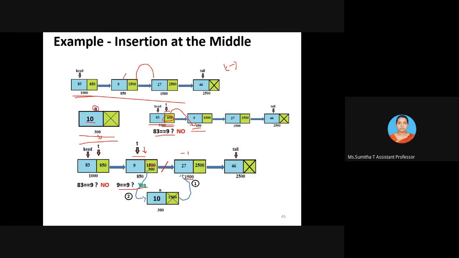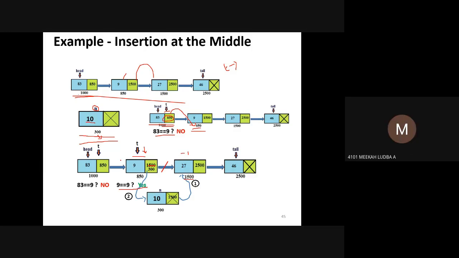Which position is T placed in now? We have traveled through this T value only. Now where is T placed?